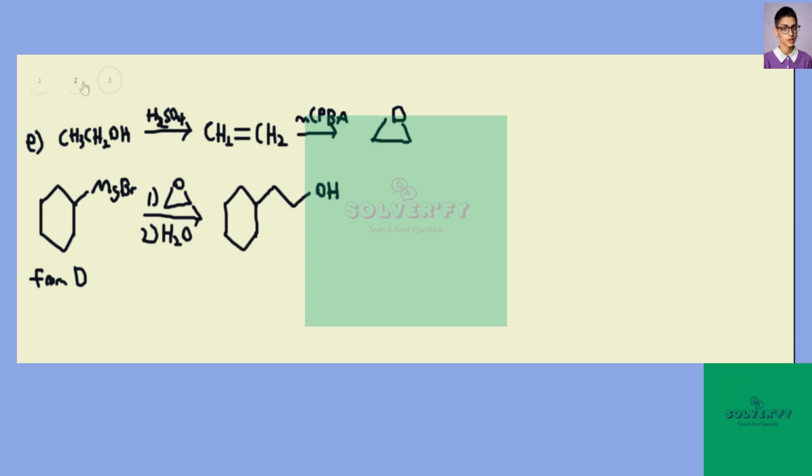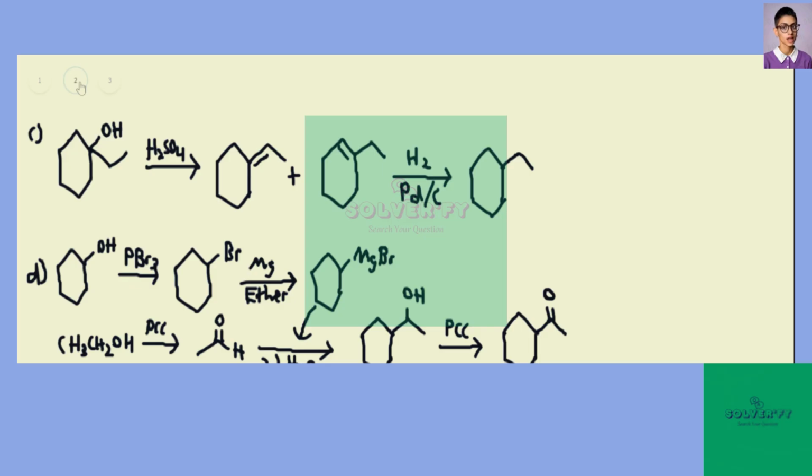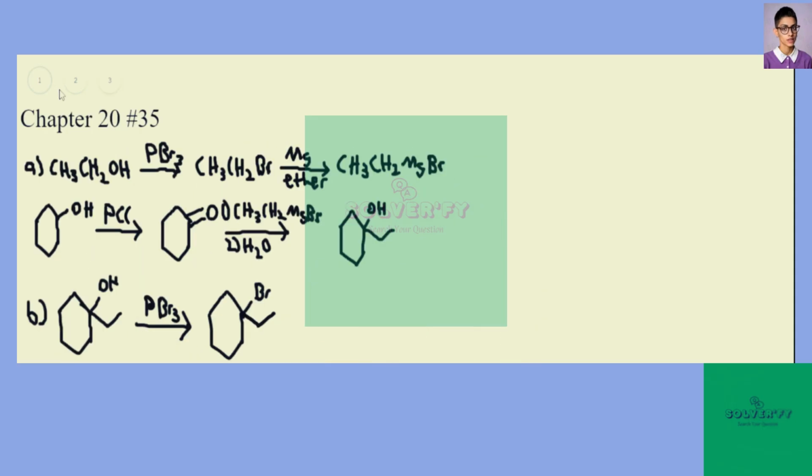And then just other little things, like hydrogenation, or a second oxidation to get the oxidation states where we needed them in the final molecules. And that's the answer to chapter 20, problem number 35.